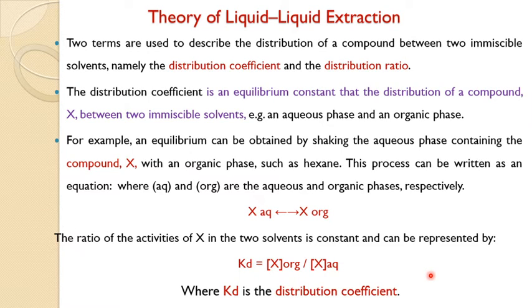It means if an aqueous sample contains an organic compound of interest, we have to use an organic phase such as hexane, and then using the separating funnel we check whether the compound of interest gets transferred into the organic phase on the basis of solubility.